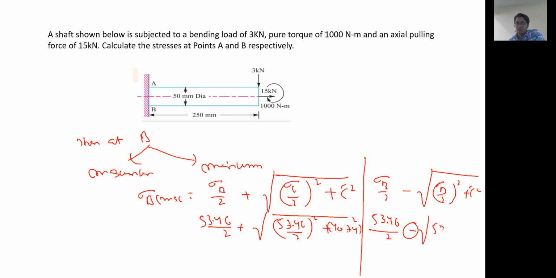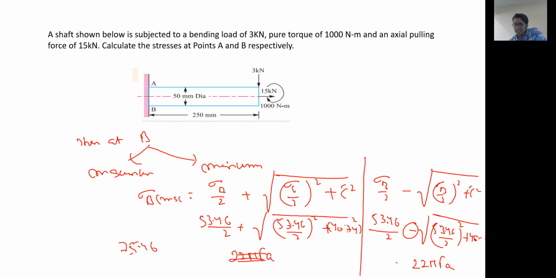Here we have to mind all these things, otherwise our answers may go wrong. Okay, right? Now the respective values that we get here are 22 MPa, and here we get 75.46.